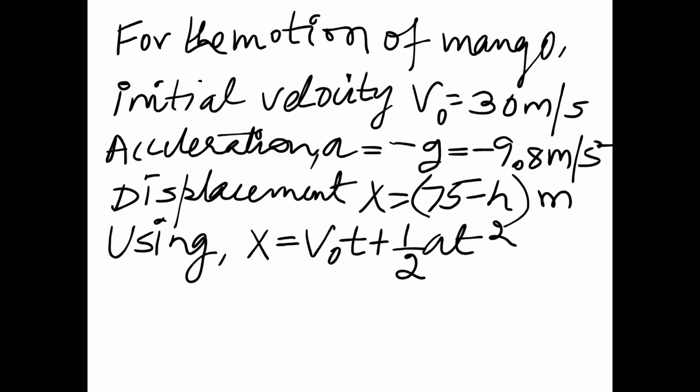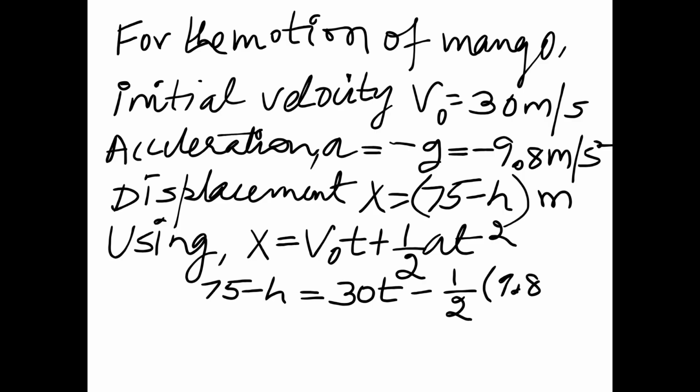We'll substitute the values now. 75 minus h, that is x, is equal to v naught is 30, so 30 t, a is minus g, that is why minus half into 9.8 t square.